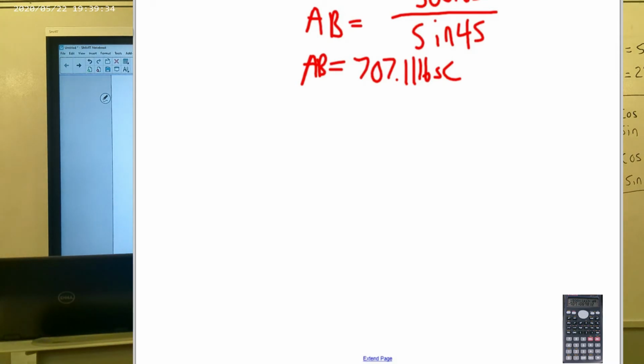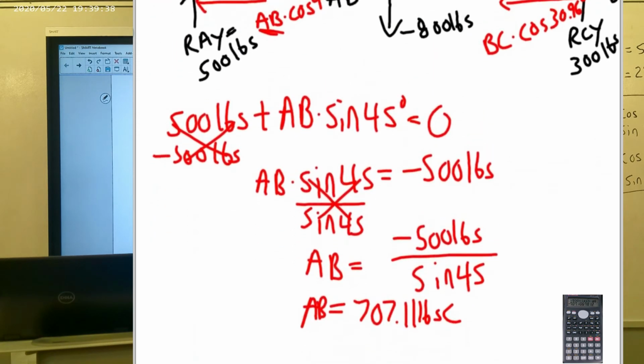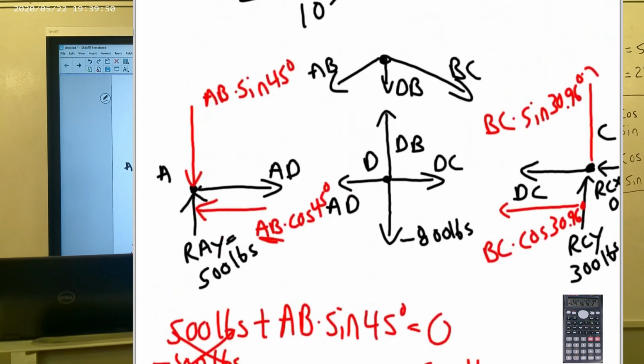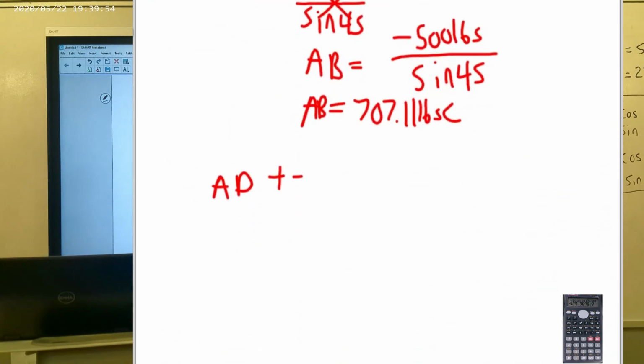Let me just make sure I'm labeling things correctly. Positive AD, so AD plus negative AB times the cosine of 45 plus negative AB times the cosine of 45 degrees equals 0.